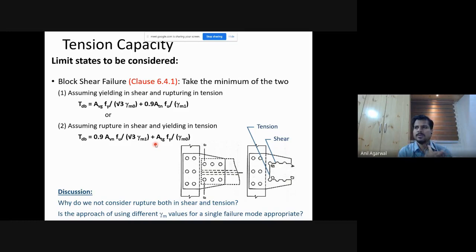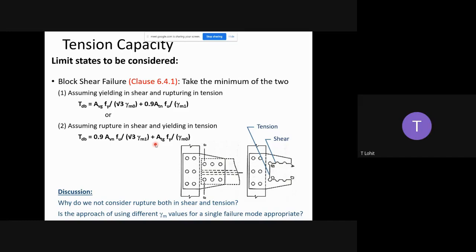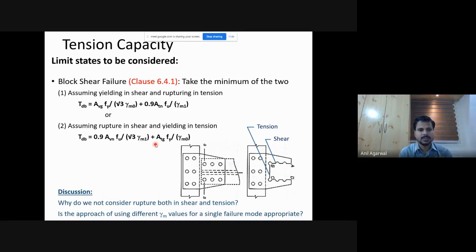Now, what should be the immediate question that comes to your mind? Why not rupture in both shear and tension? Very good. Yes, that is the first question I've written here. Why do we not consider rupture both in shear and tension? That's a valid question, right? If block shear is happening, it is happening only when the whole thing is coming off.